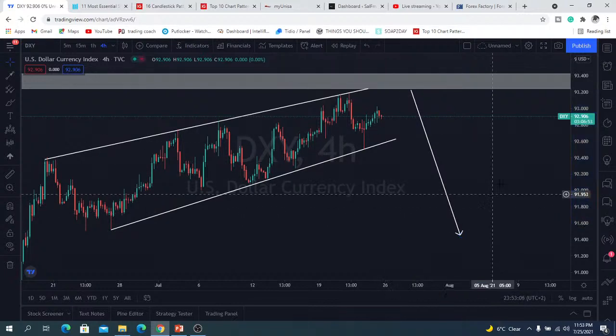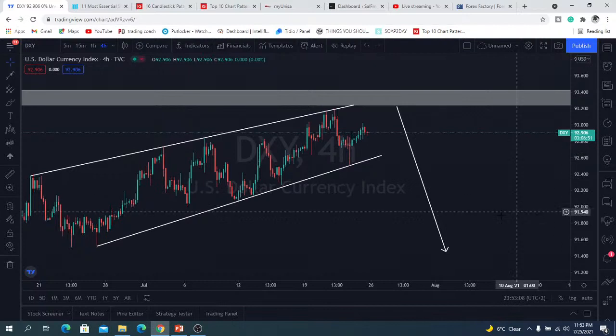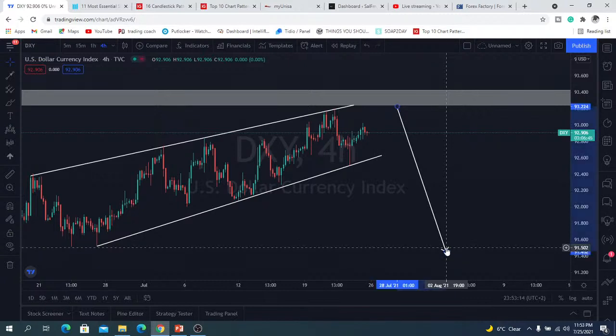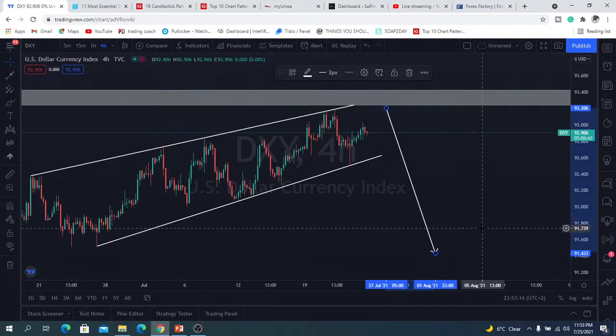But if it does, from now on I'll start monitoring DXY, and I will send a signal on my Telegram group during the week. I will break it down at least up until 15 minutes and send a signal into my Telegram group. If you're not in the Telegram group, then I suggest you join.